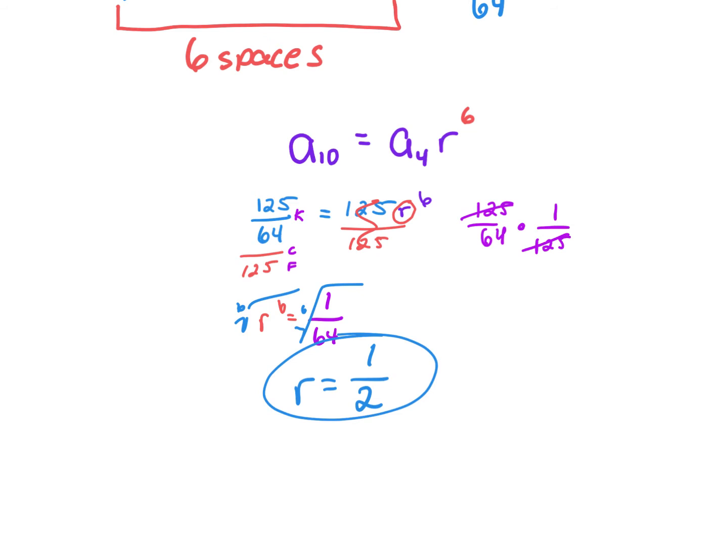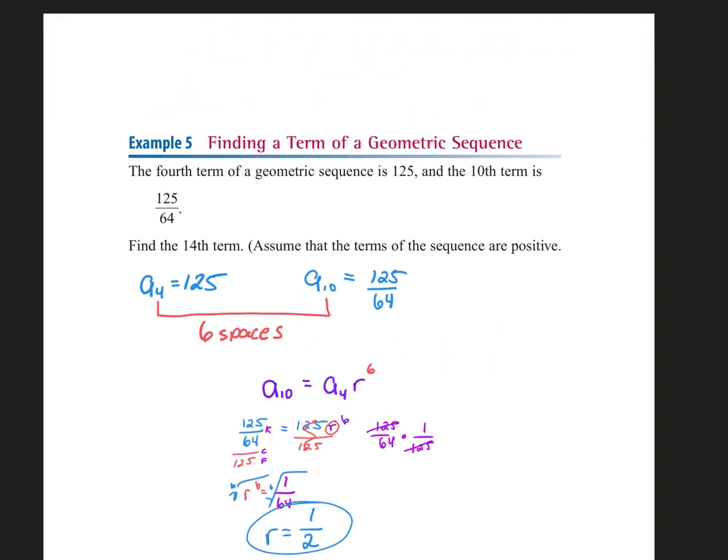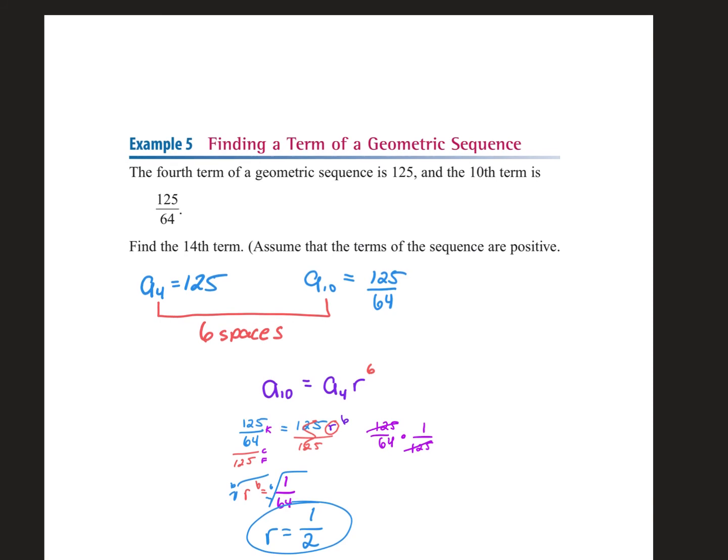Could it possibly be negative 1/2? No. Why are you saying that? Let's go back. Because in most of them they're even numbers. And then the square root of 1/64, wouldn't that be plus or minus? Or negative 1/2? You were saying plus or minus? Yeah.